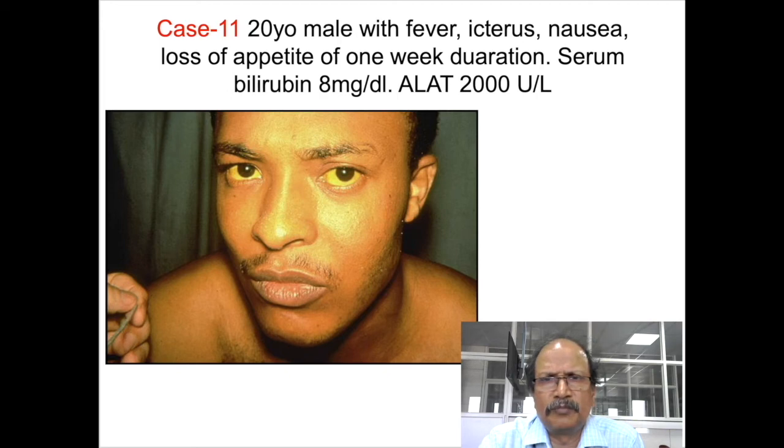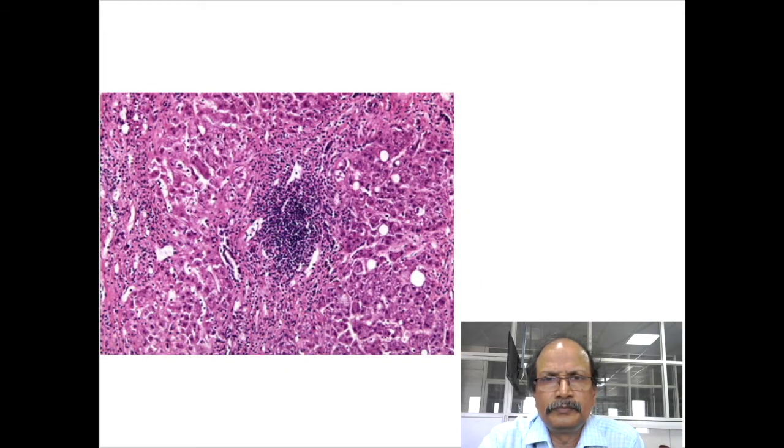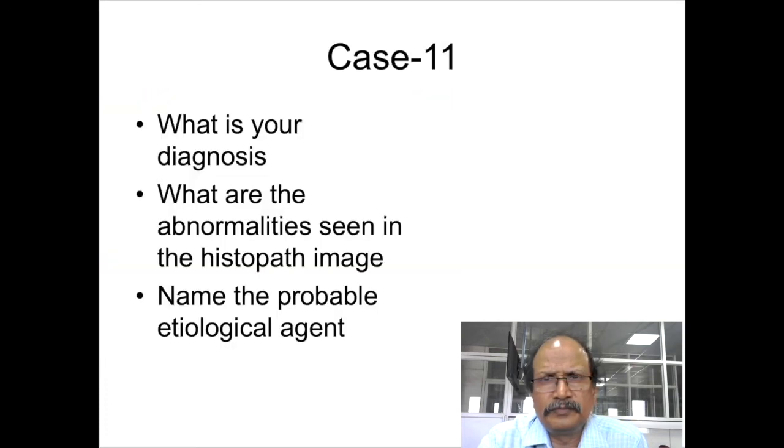So we can appreciate the presence of deep jaundice in this person. And histology of the liver shows prominent lymphocytic infiltration, forming even follicles, and this lymphocytic infiltration is diffusely present even in hepatic cords.